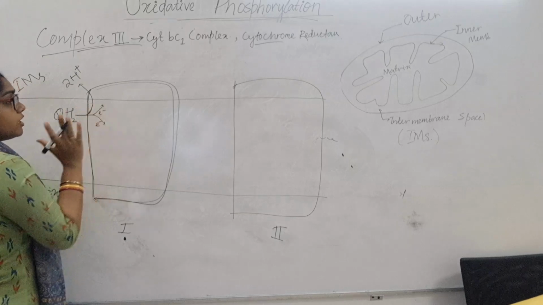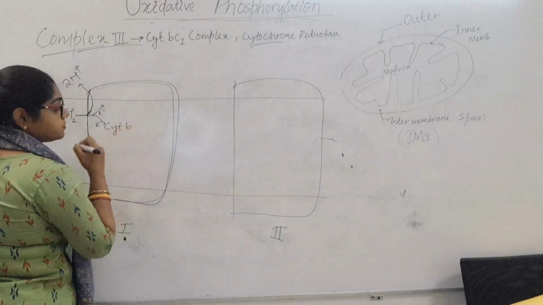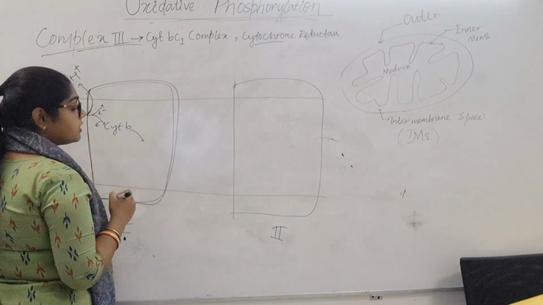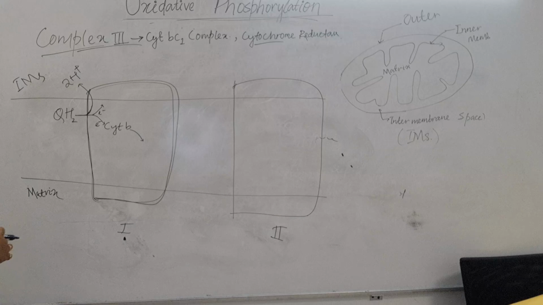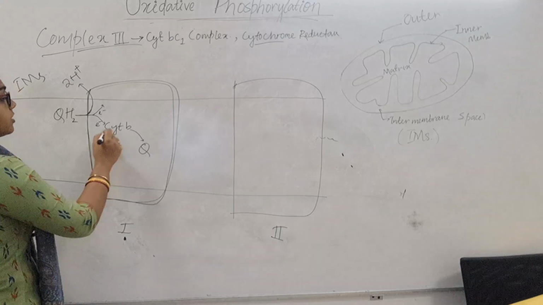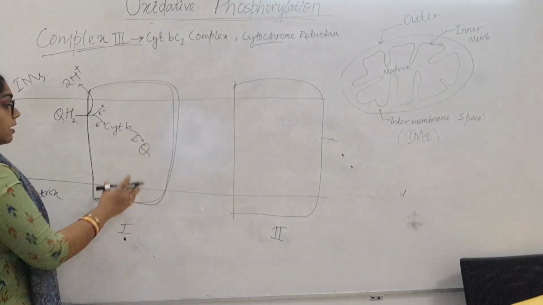So now of these 2 electrons, one electron will go to cytochrome B. From cytochrome B it will go to the quinone, or coenzyme Q, present inside the complex.